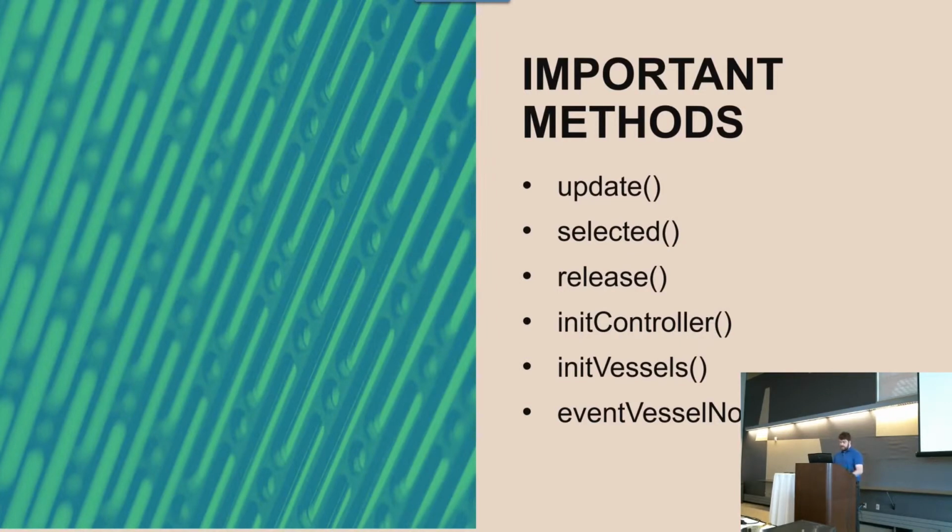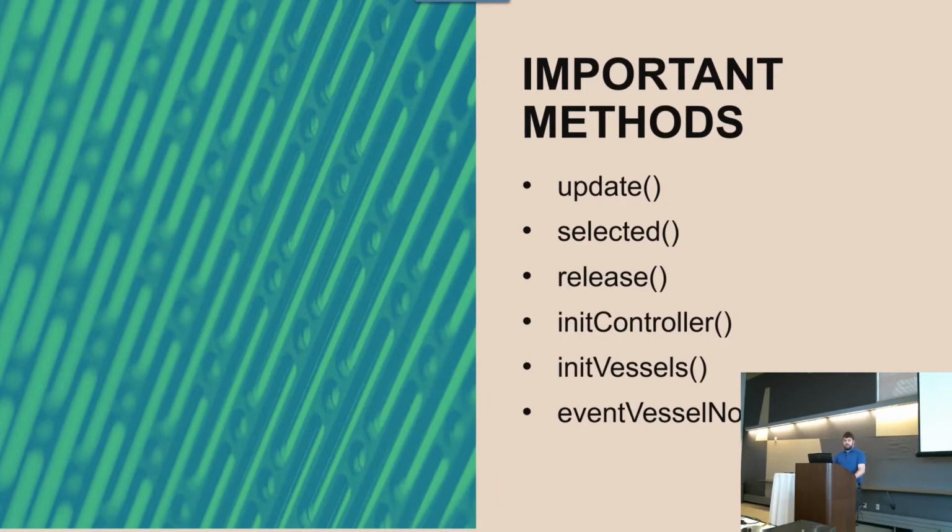Then we have init vessels, which is what creates the vessels in the animation. And the vessels are behavior or graphics or whatever you want them to be. Then we have event vessel notify. This is what is responsible for sending events to the vessels.